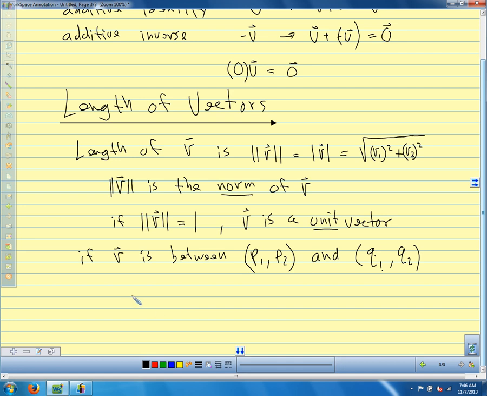Then the length of V is the square root, just the distance formula or Pythagorean theorem again, Q1 minus P1 squared plus Q2 minus P2 squared.